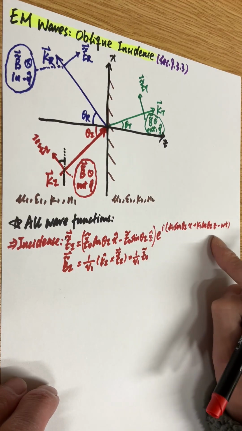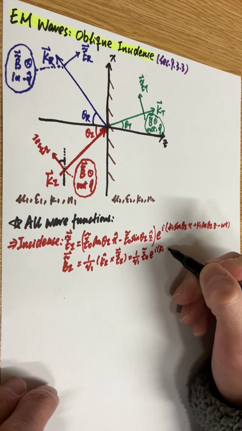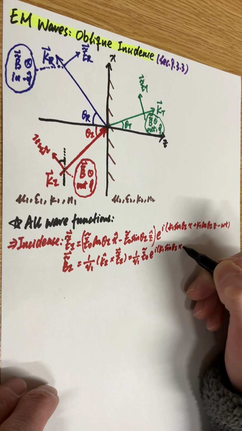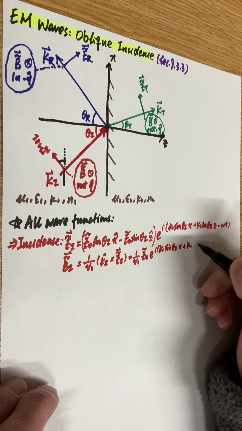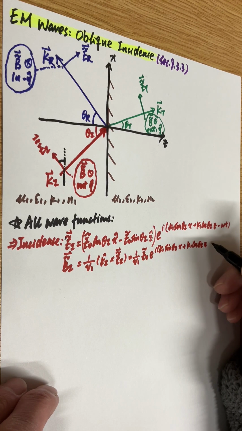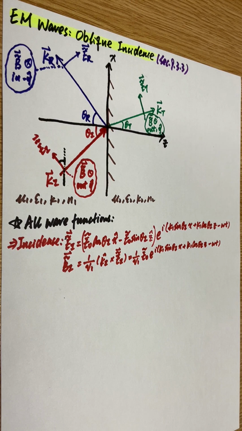And then the propagation function is the same, which is e to the i kappa 1 sin theta I x plus kappa 1 cosine theta I z, and then minus omega t. Okay, so that's the incident wave.